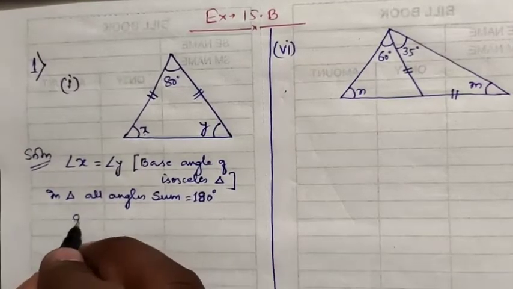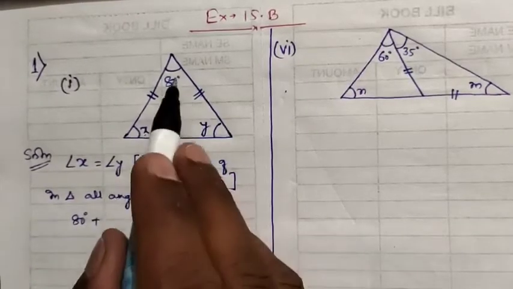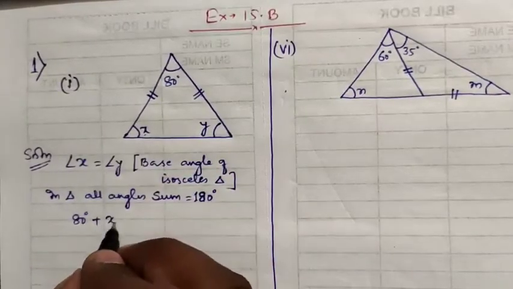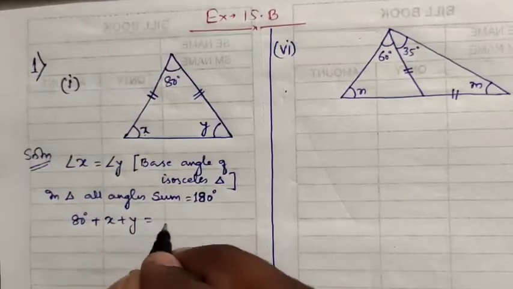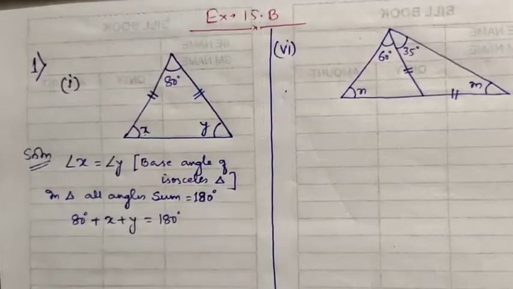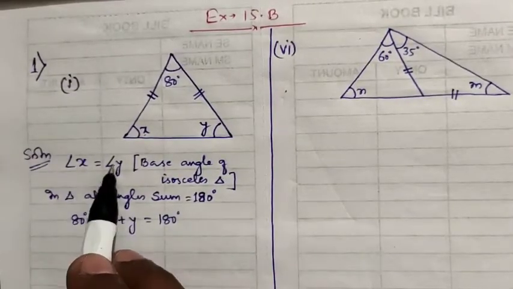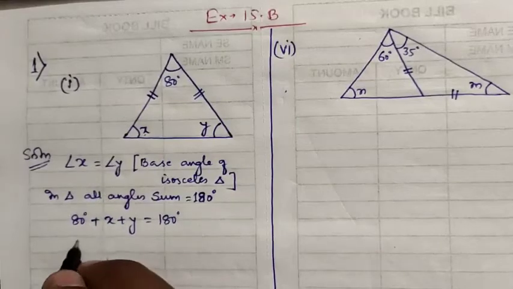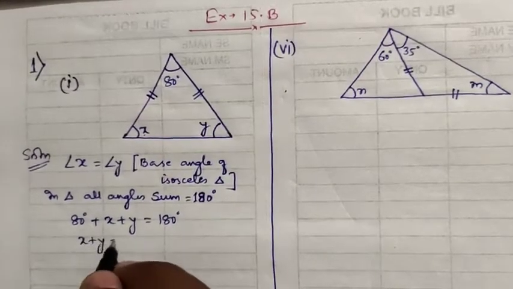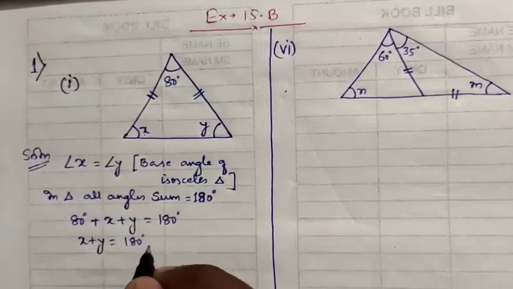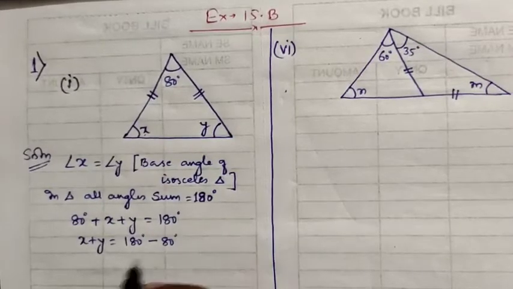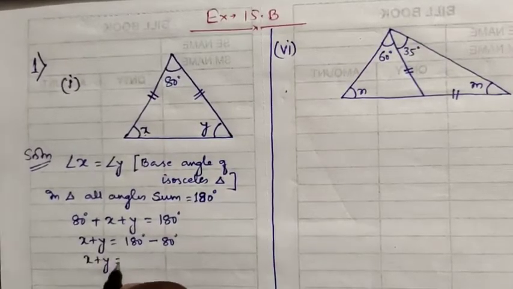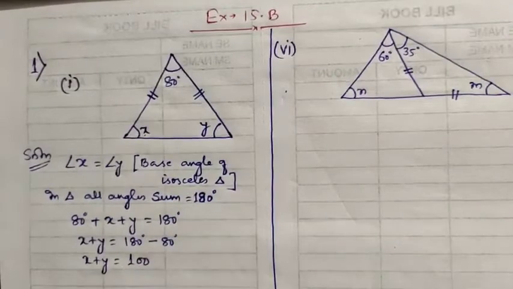It means 80 degree is the first angle, x plus y plus 80 is equal to 180 degree. x plus y is equal to 180 degree minus 80 degree. x plus y is equal to 100 degree.